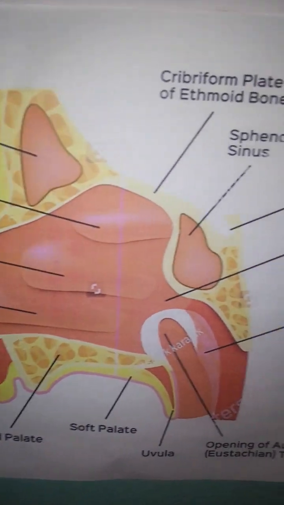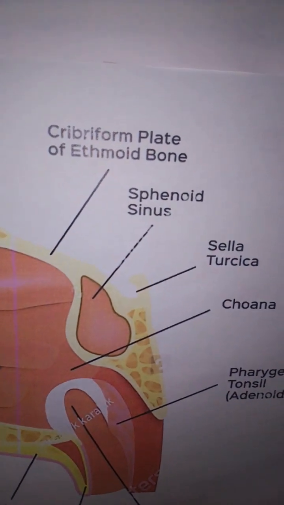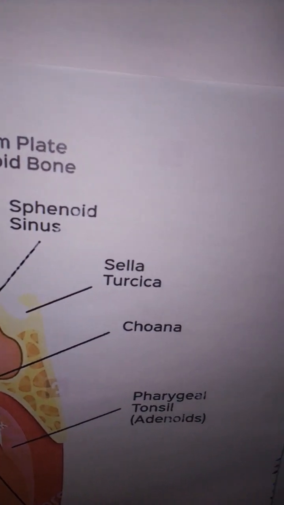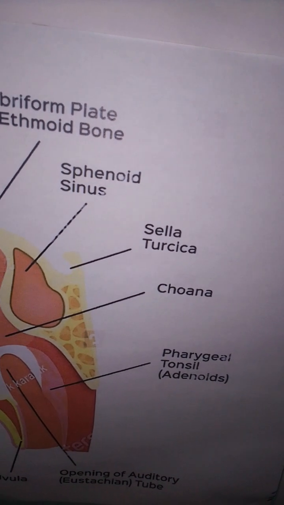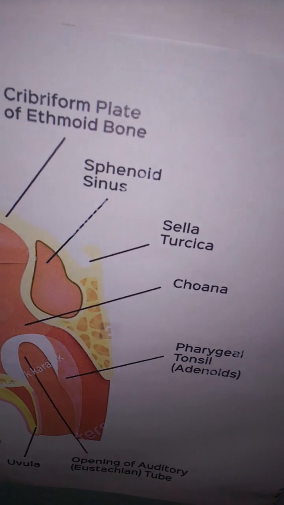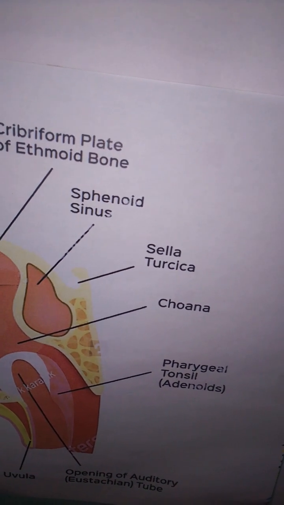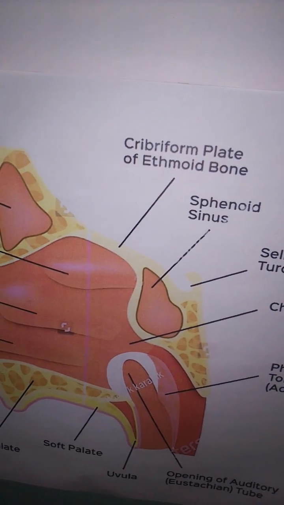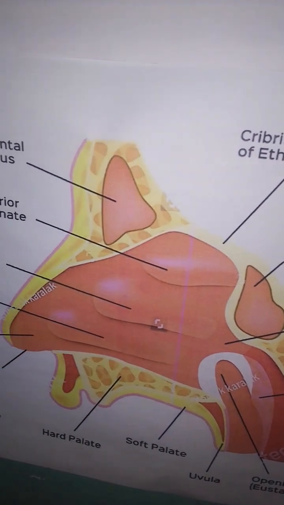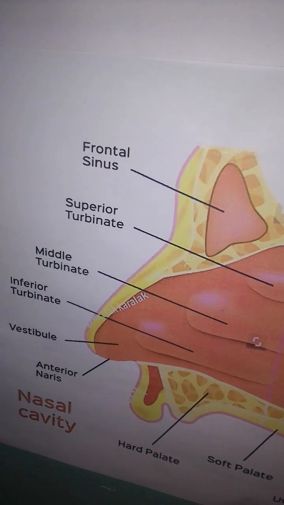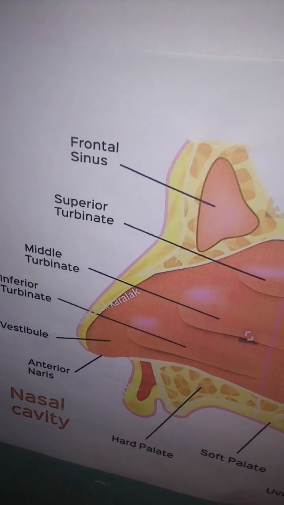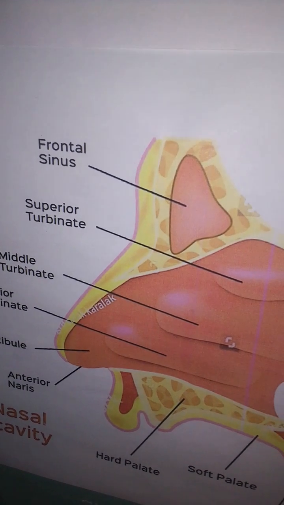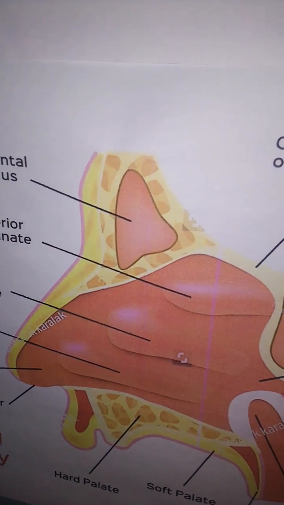We have the cribriform plate of the ethmoid bone, the sphenoid sinus, the sella turcica, the choana, the pharyngeal tonsils or adenoids, the opening of the eustachian tube or the auditory tube, the uvula, the soft palate, the hard palate, the anterior nares, the vestibule, and the turbinates that we are talking about. There is an inferior turbinate, the middle turbinate, and the superior turbinate.